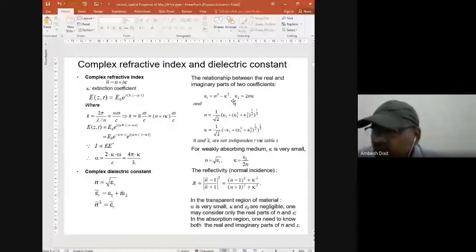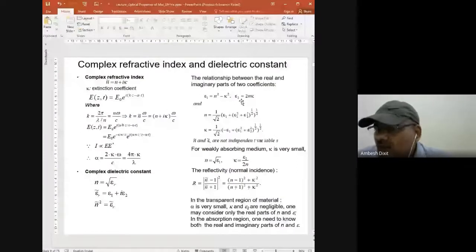These are coupled relations. So if you perform an experiment and somehow you know n and k, then you can know epsilon 1 and epsilon 2. Or if you are able to measure epsilon 1 and epsilon 2, you can figure out n and k.